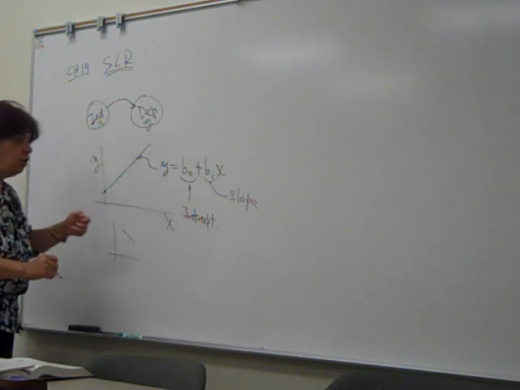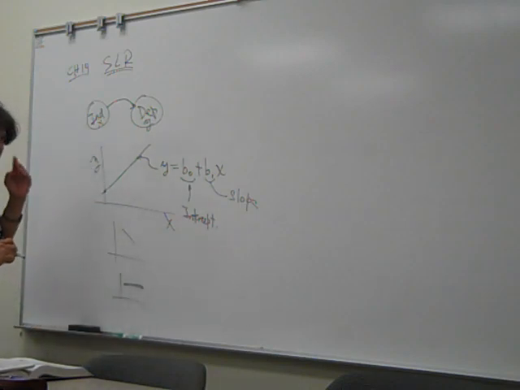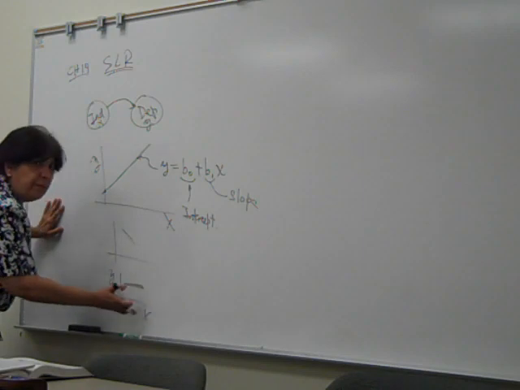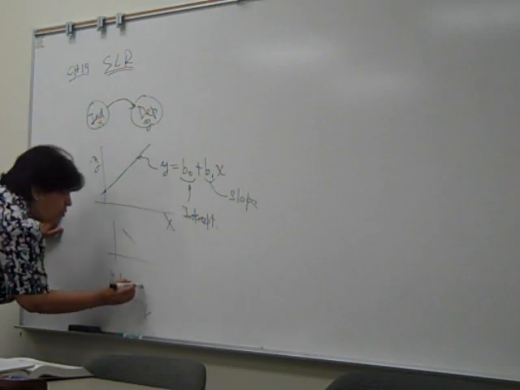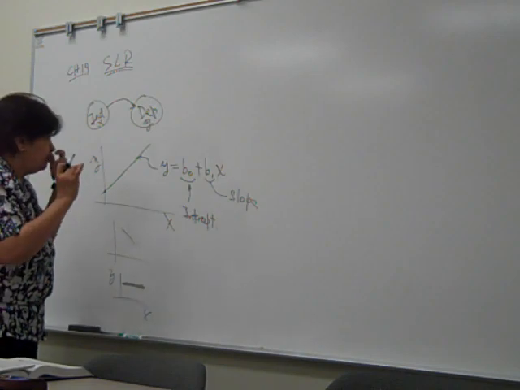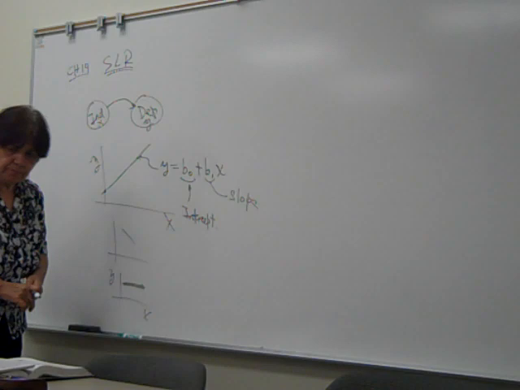The slope can be positive, can be negative. This is a negative slope, or the slope can be 0, okay? This is 0. There is no relationship between the variables. It really doesn't matter how I change my x, my y will not change. That is why this slope is equal to 0.